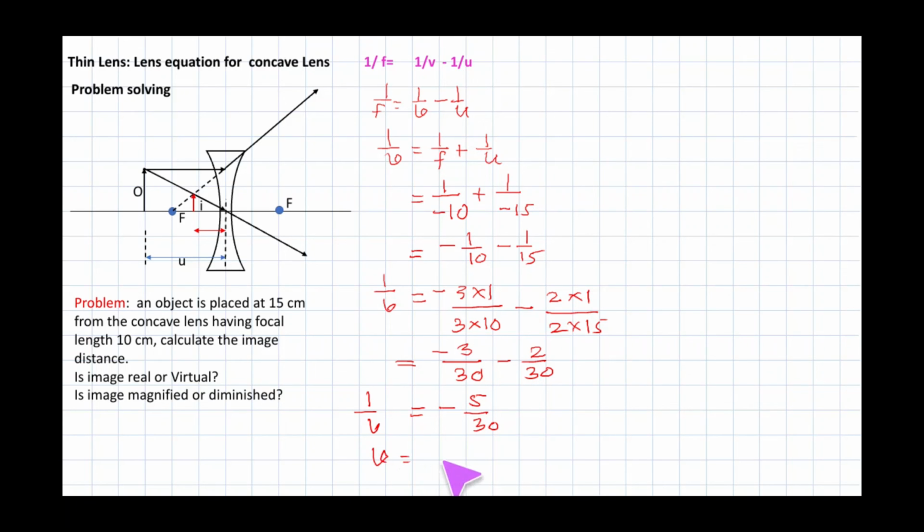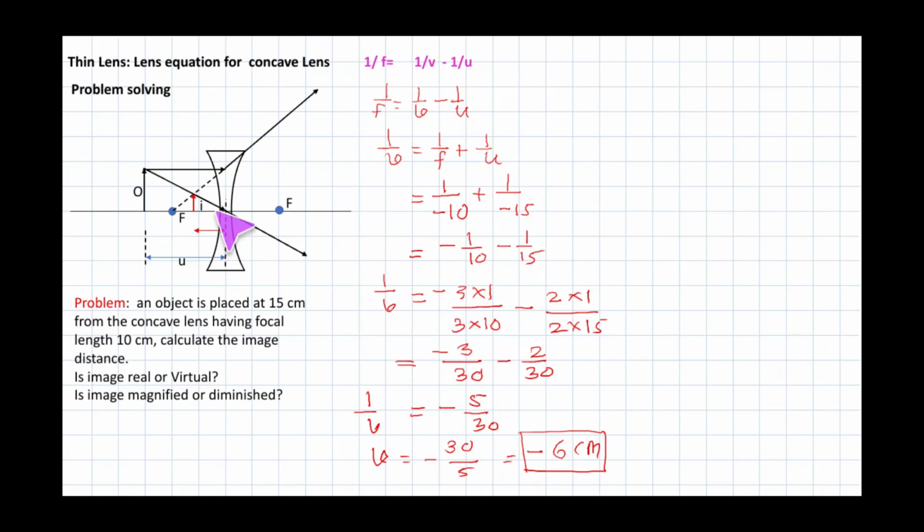equal to 30 divided by 5, minus sign is there, so that is equal to minus 6 centimeter, and the image is formed 6 centimeter to the left of this optical center, and so that is negative.